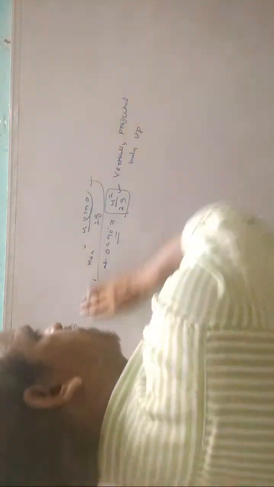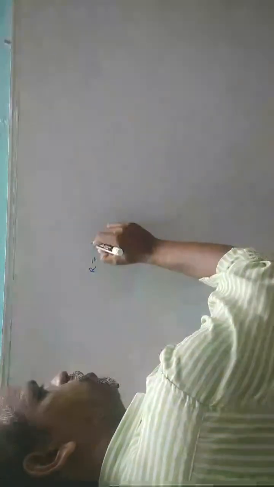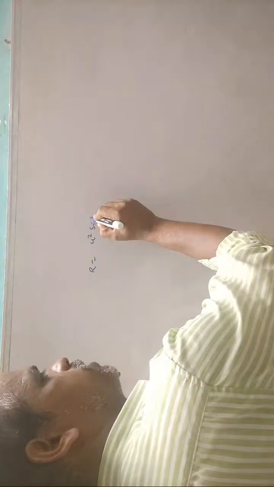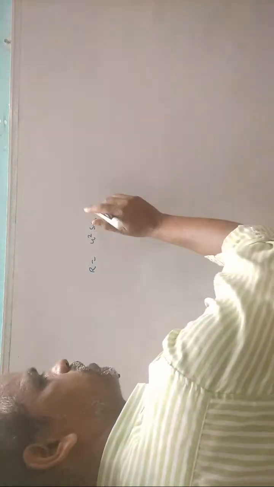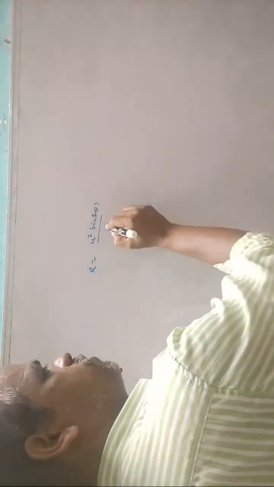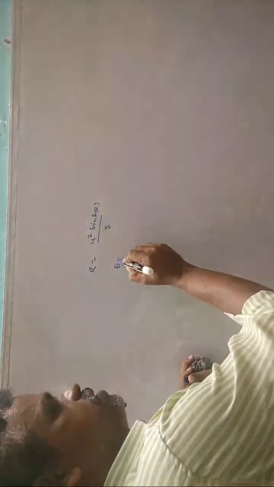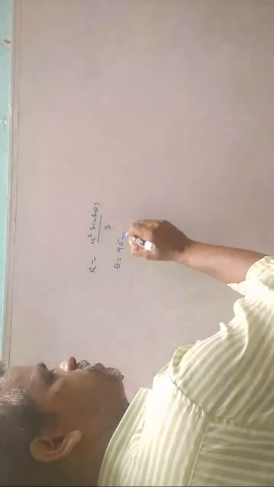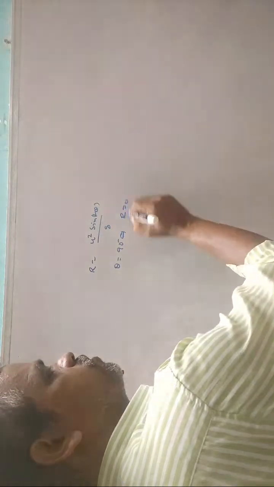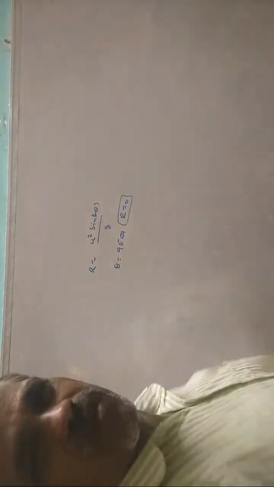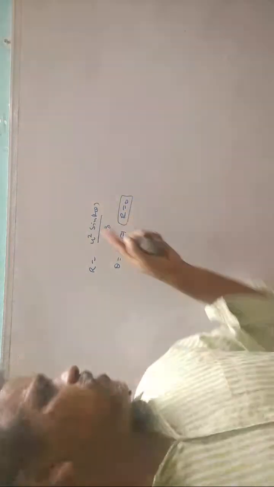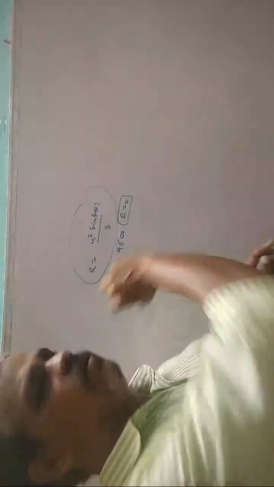Next, R max. What about the range? Range is equal to u square sin 2 theta by g. If we substitute theta equal to 90, what happens here? Range equal to 0. This is the range formula we got for an obliquely projected body.